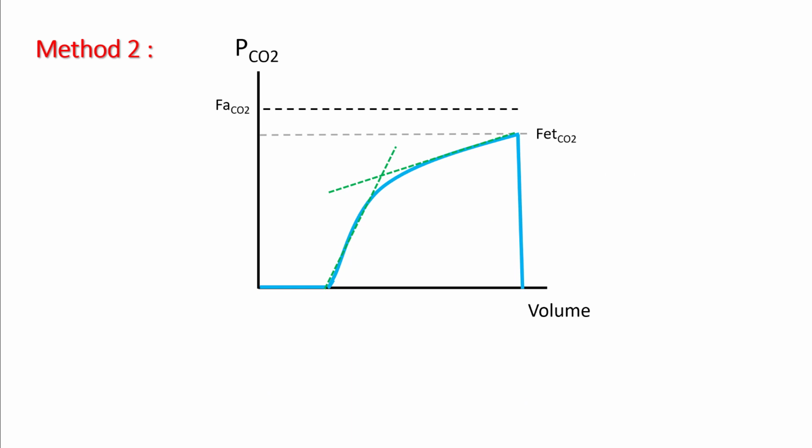The second method is a little bit more intuitive. Here you draw similar extrapolating lines in phase 2 and phase 3. As before, you draw a vertical line so that the area of these two triangles is similar, and this will represent your anatomical dead space.